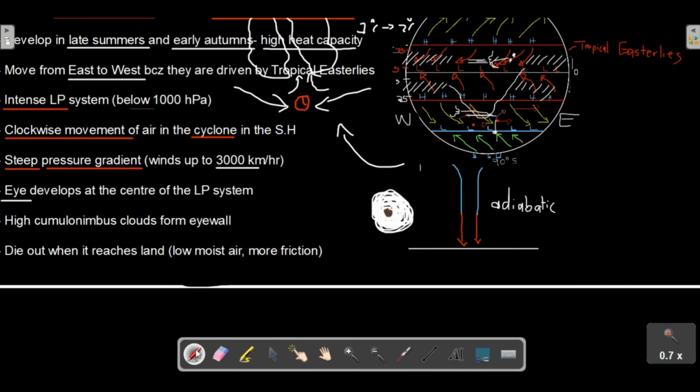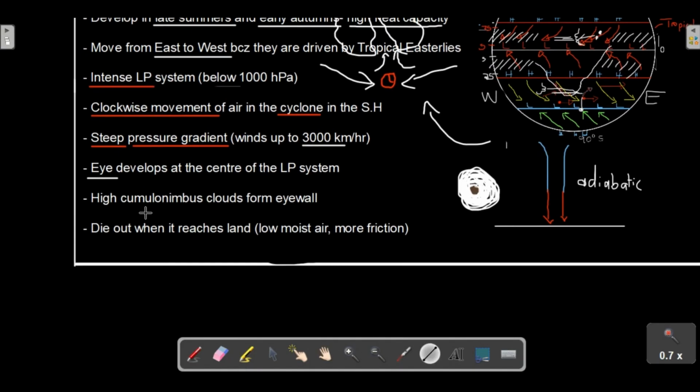So this would be your eye, and then right next to the eye you have high cumulonimbus clouds surrounding it. As you can see, these are supposed to illustrate clouds. If I would draw this from a side view, this would be the clouds, high cumulonimbus clouds, and of course it is pouring with rain.